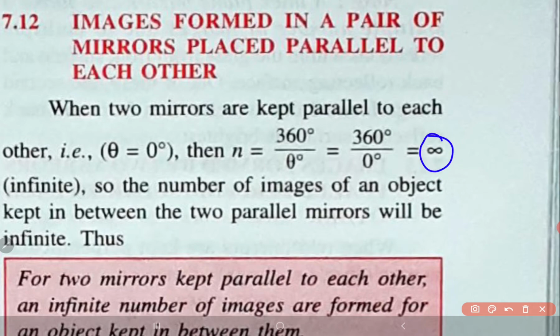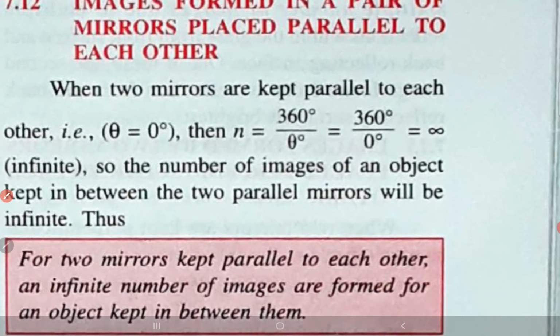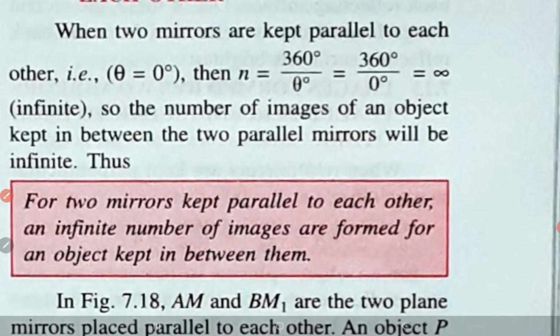So the number of images of an object kept in between two parallel mirrors will be infinite, either you keep it symmetrically or asymmetrically.